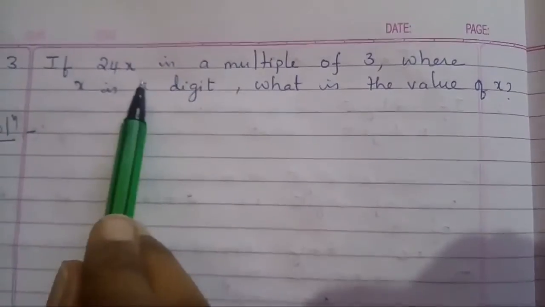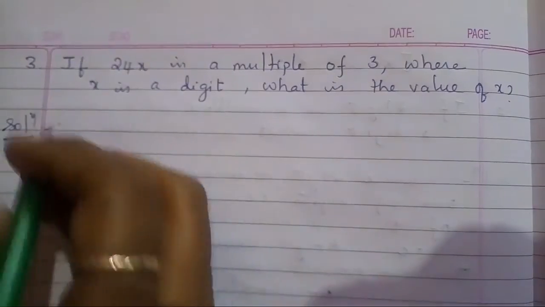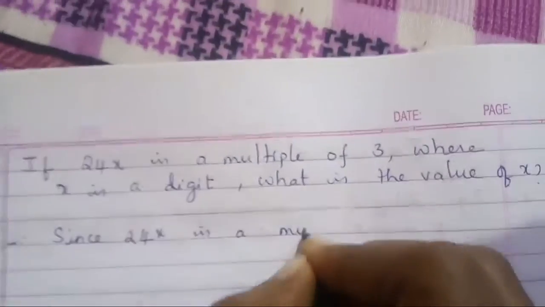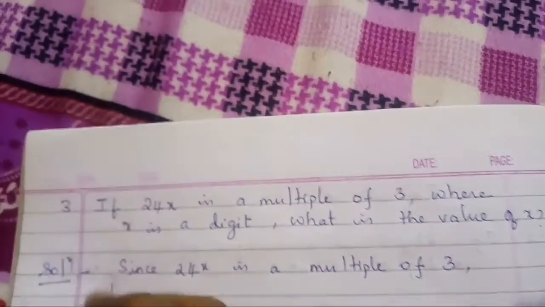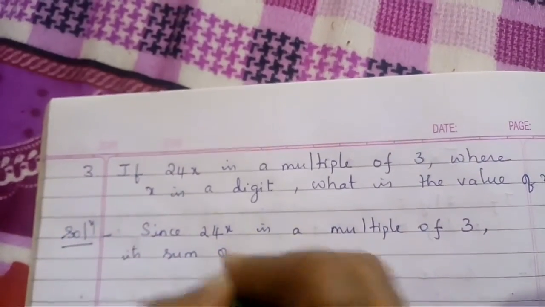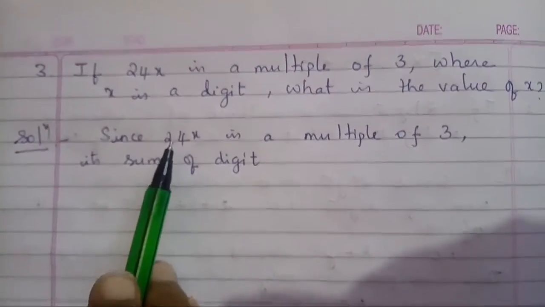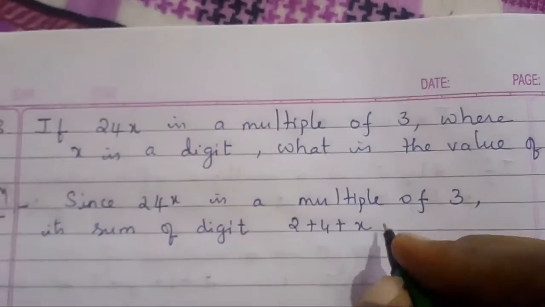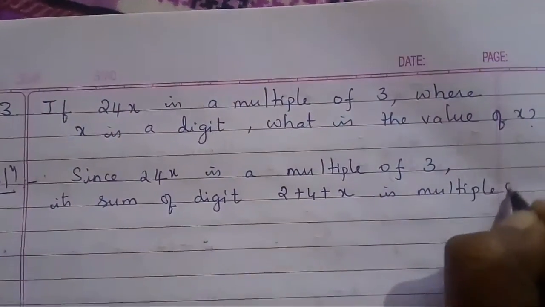Third problem: if 24x is a multiple of 3 where x is a digit, what is the value of x? Since 24x is a multiple of 3, its sum of digits, 2 plus 4 plus x, is a multiple of 3.